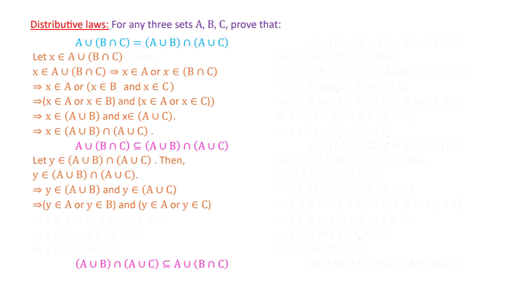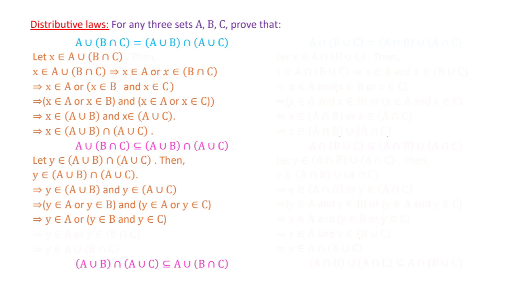What this means is that Y belongs to A in both these terms, or Y belongs to B, and Y belongs to A or Y belongs to C. So we can write it as Y belongs to A or (Y belongs to B and Y belongs to C).